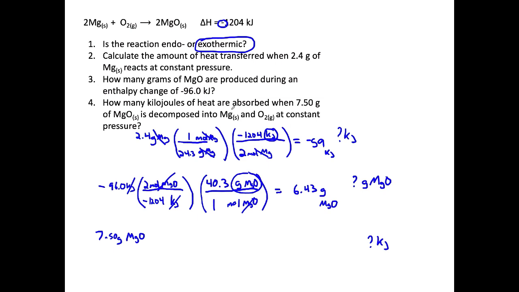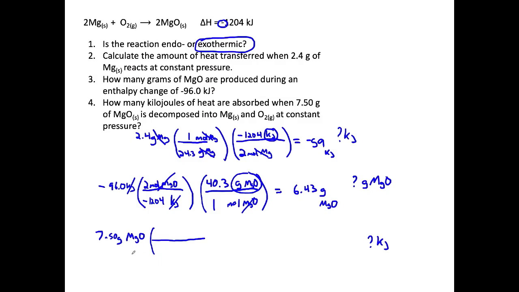Now, the way this question is worded, it's talking about the reverse of this reaction, right? So if we were able to turn this reaction around and convert MgO back into Mg and O2, right, we would still have 1204 kilojoules of heat involved, but I'm going to change the sign up, right? So it doesn't really change too much how we solve the problem.